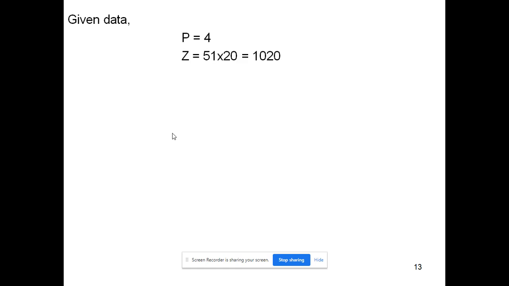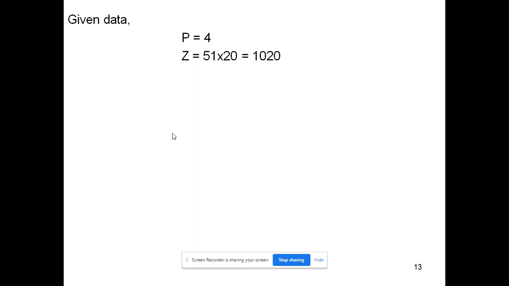The number of poles P is equal to 4, and in order to get the number of conductors Z, we have to multiply the total number of slots into the conductors in each slot.